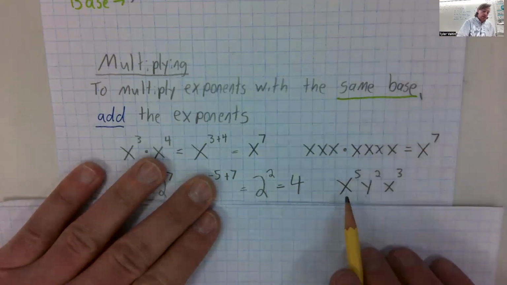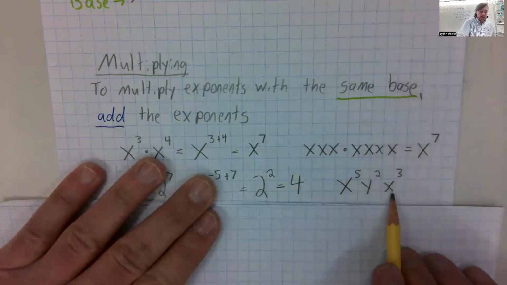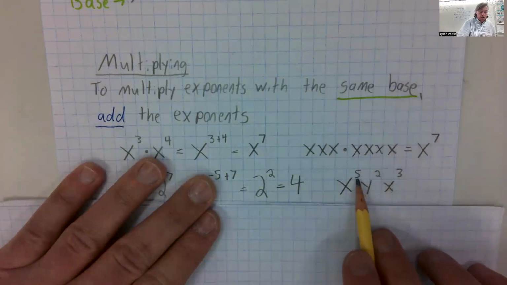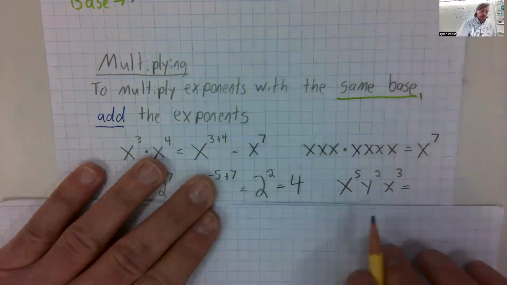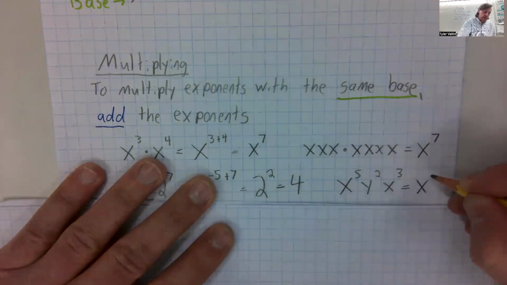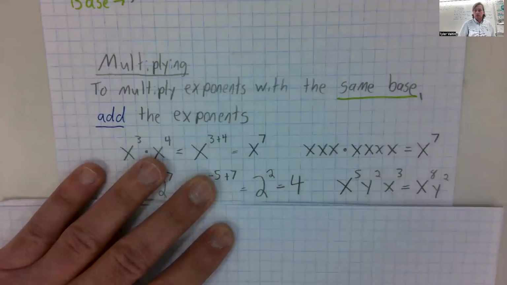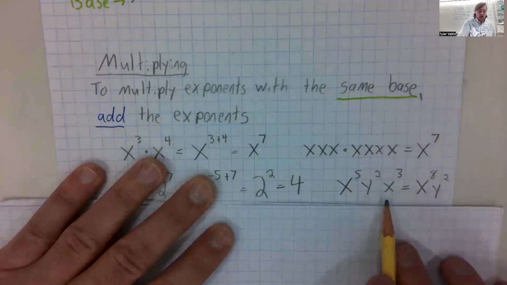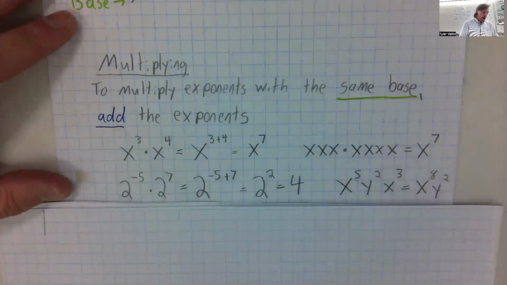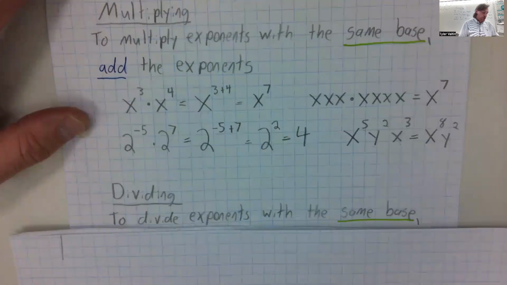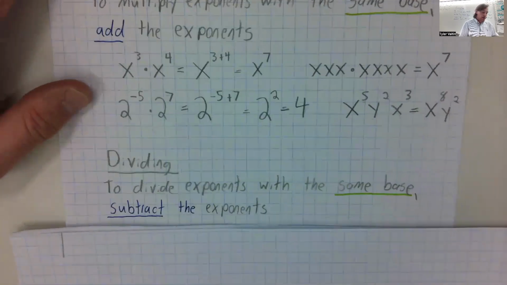But what I can do is combine these x's with the same base by just adding their exponents together. 5 plus 3 is 8. So this whole thing is going to reduce down to x to the 8th, and then the y to the 2nd is going to come along for the ride. I did not share a same base between the x and the y, so there's nothing I can do to combine this. Cool. Moving right along to dividing.